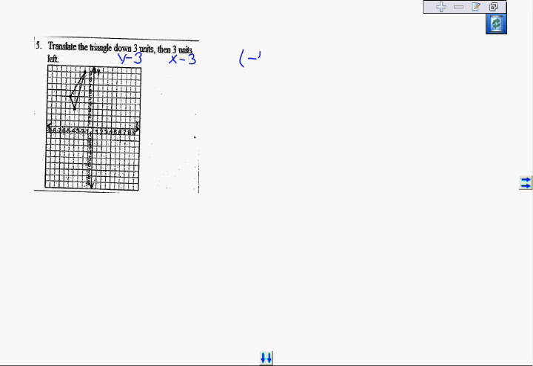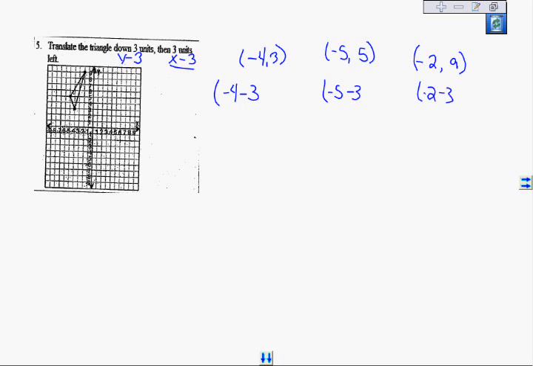I go over left 4, up 3, left 5, up 5, left 2, up 9. I'm going to start with my x's, x minus 3, so I'm going to take all of my x's and subtract 3. Y minus 3, so now I'm going to take all of my y's and subtract 3.